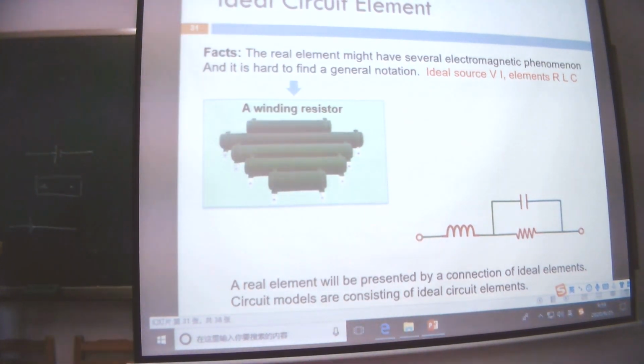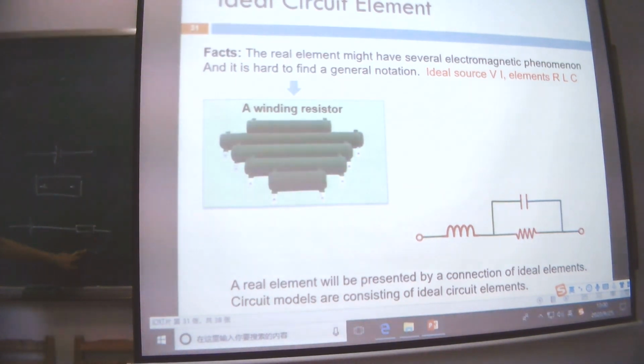And does it have resistance? Yes, it will have resistance. So we must have a resistance inside as well. So this one, we say, is the ideal resistor.